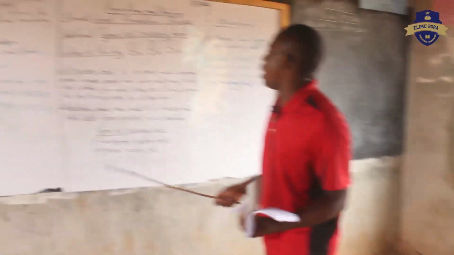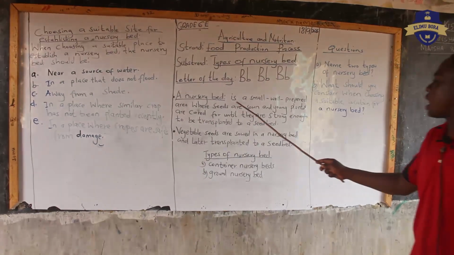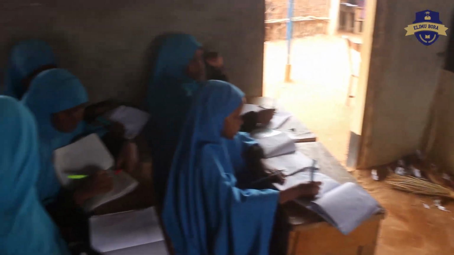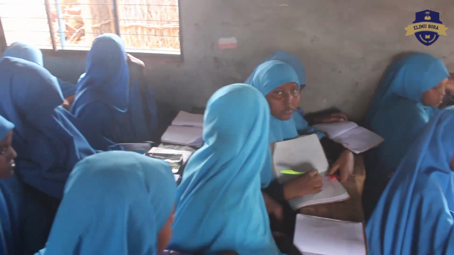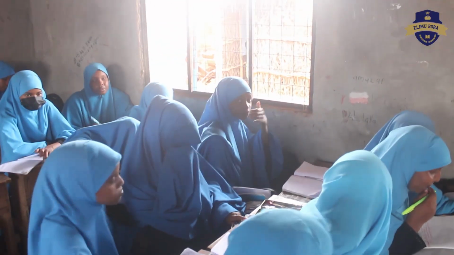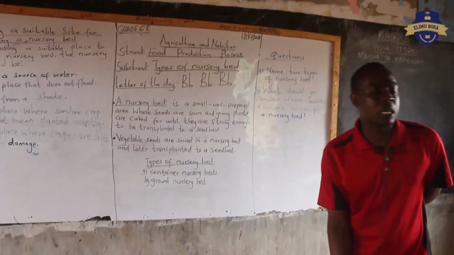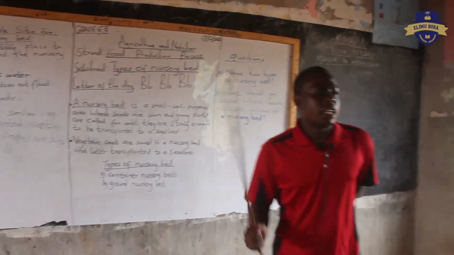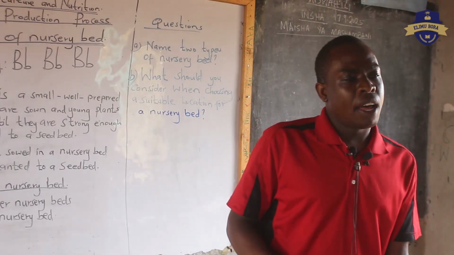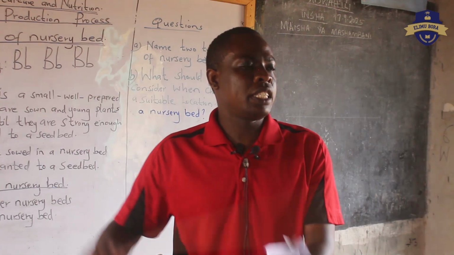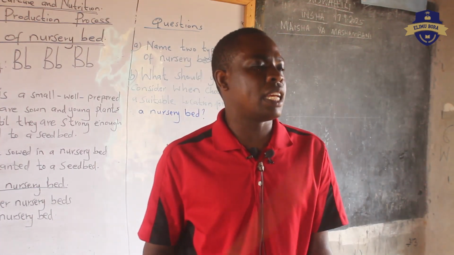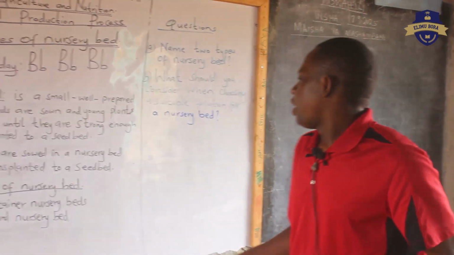In a similar way, we can say that a nursery bed is a small area prepared for sowing our vegetables until they are transplanted.